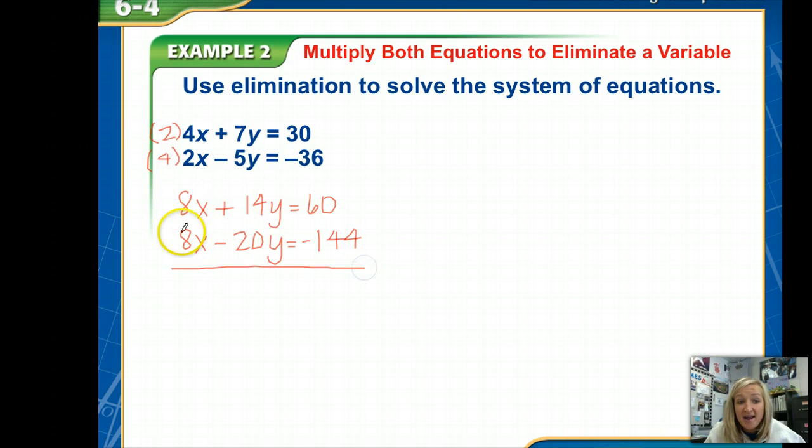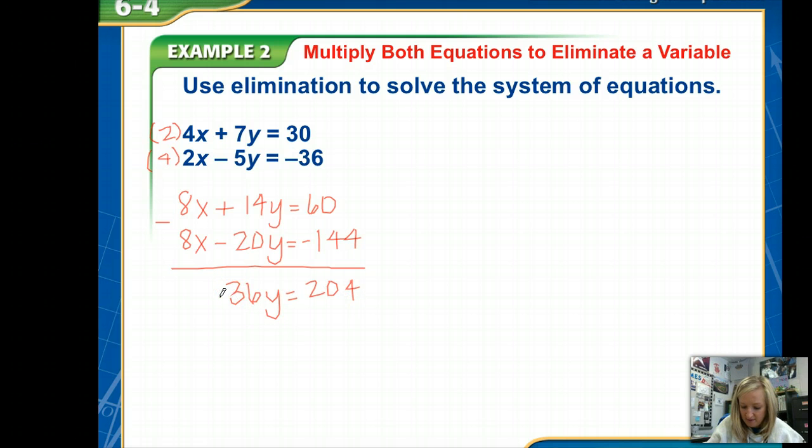All right, now I have again set up my equation where I can use the elimination method. If you don't see this after you've multiplied your top and bottom equations, you've done something wrong. 8 minus 8 cancels out. 14 minus a negative 20 ends up being 34y's. And 60 minus a negative 144 is 204.